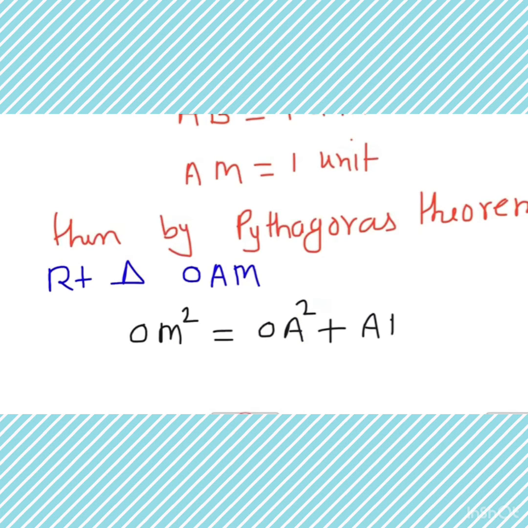That is OM square equal to OA square plus AM square, and AM is given that 1 unit, OA is given that 1 unit.